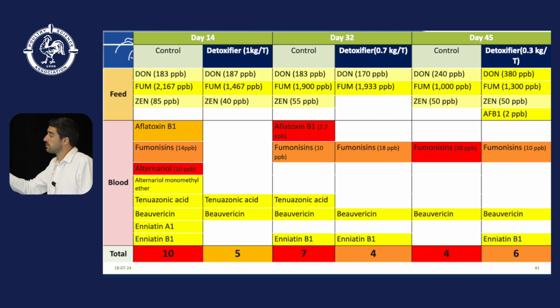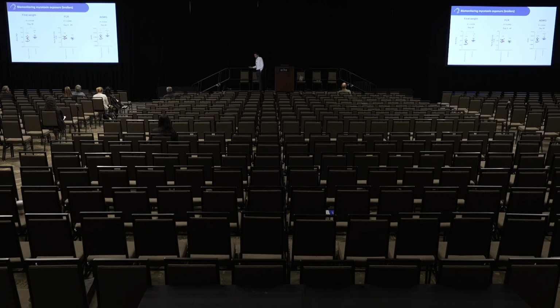So thanks to the blood analysis, we could understand which was the real mycotoxin exposure, which was the real mycotoxin risk that was completely missed in the feed analysis, and confirm that with the detoxifier we were reducing the mycotoxin exposure. And then the performance was evaluated.